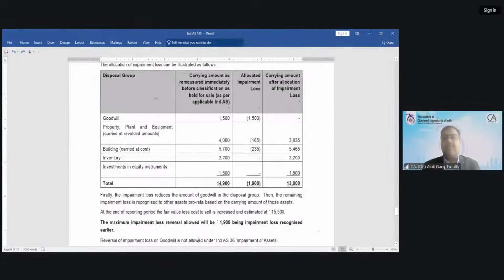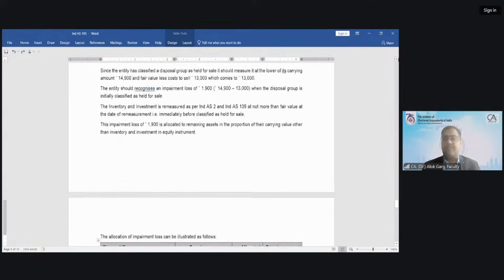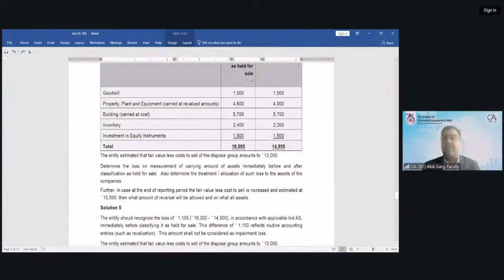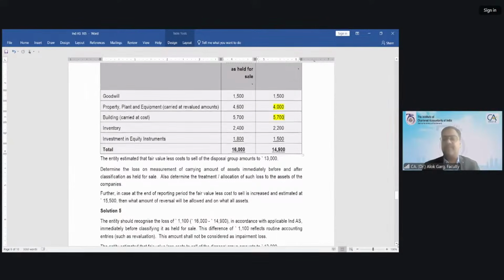Goodwill is 1,500, it has to be charged off. And then property, plant and equipment and building. So this impairment loss has to be allocated in the ratio of 4,000 to 5,700, right? In this ratio, okay, right?